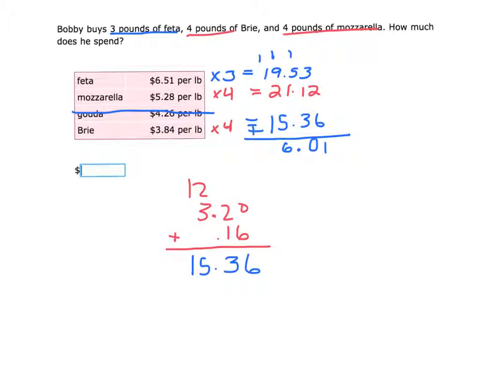And then 1, 1, and 2. These are actually 10s, like 10, 10, and 20 is 40, plus 1 more makes 50. So the total bill, according to this, will be $56.01. Again, I've got my calculator at hand, so I'm just going to double check. 19.53 plus $21.12 plus $15.36. 56.01 is correct. So that is that one.